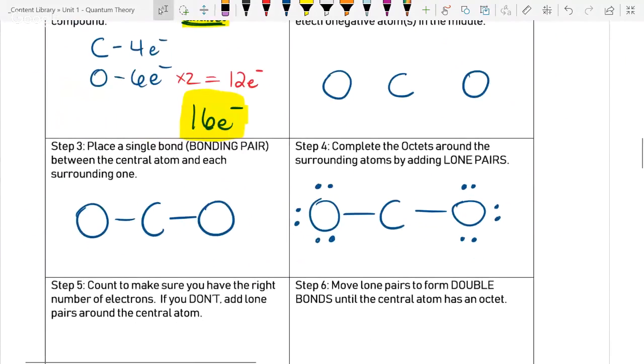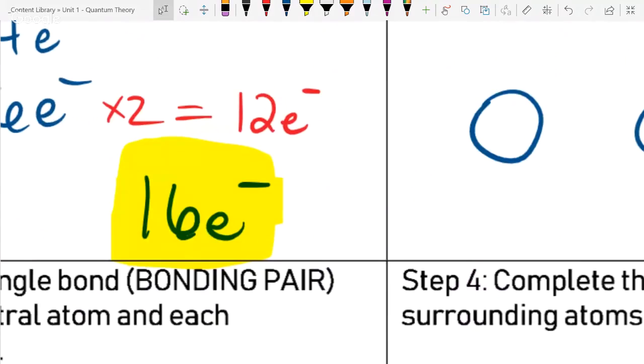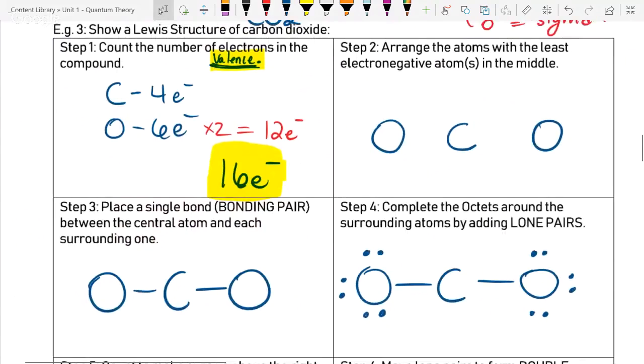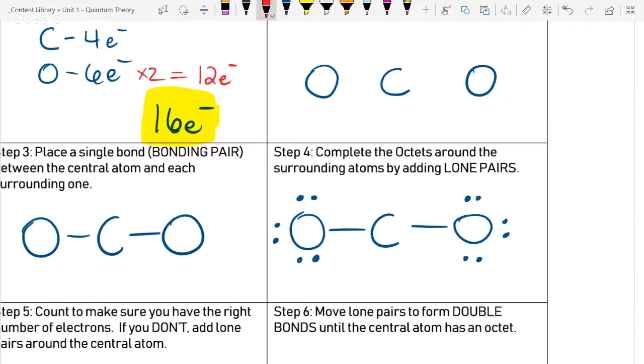And at this point, we want to count and see if we have enough electrons. If we do, then we can move on. If we don't, we're going to now top up the middle. But you can only top up the middle if you have more electrons to work with. How many electrons total do we have? 16. Does that make sense? So let's count. 2, 4, 6.